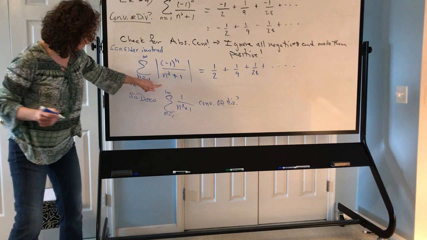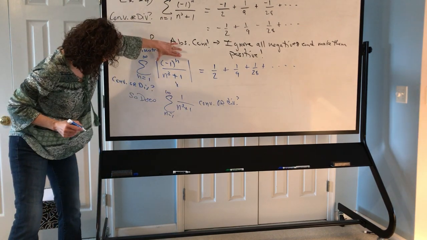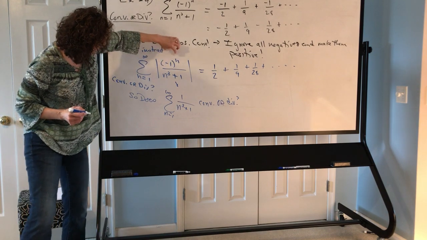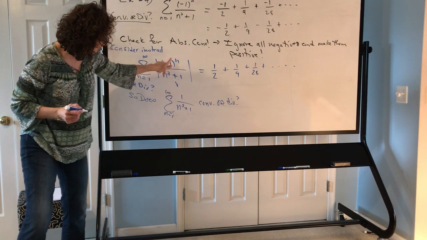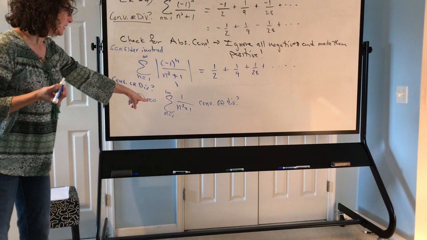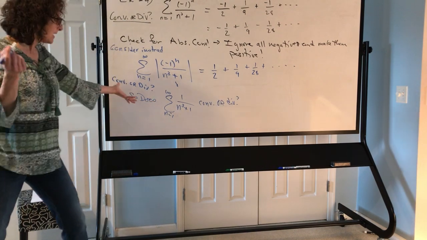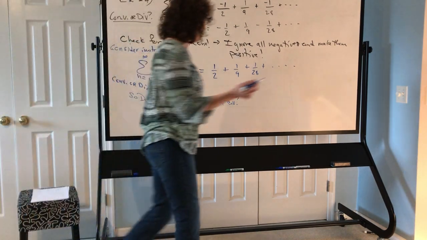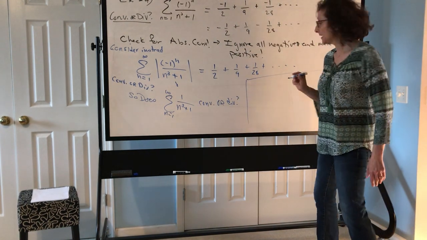That's the question. When I take the absolute value, all I'm really going to get is an absolute value on the top, and the absolute value of negative 1 to any power is always 1. So we're just looking at this series, which could have been on your test. What do we do? This is the limit comparison test.